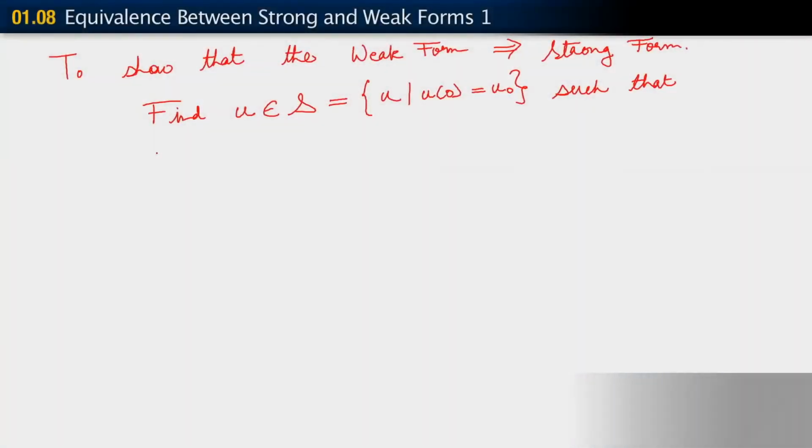We have our knowledge about the boundary conditions and the constitutive relations. So find U belonging to S such that for all W belonging to V, all weighting functions W belonging to the space V, which consists of functions W satisfying the homogeneous Dirichlet boundary condition, the following equation holds.